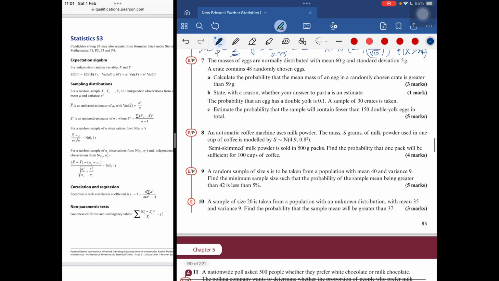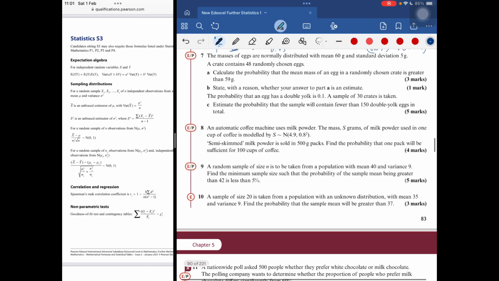Number 7. The mass of an egg is normally distributed with mean 60 and standard deviation 5. Calculate the probability that the mean mass of eggs in a randomly chosen crate is greater than 59. So this is just a simple calculation. Greater than 59, so this is just normal.